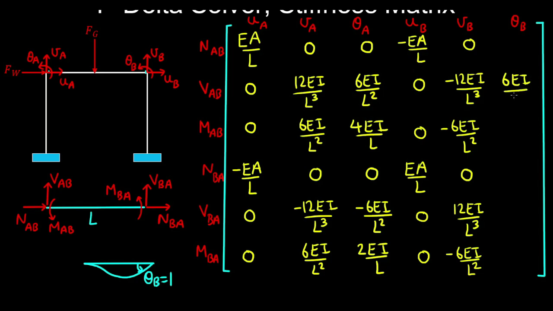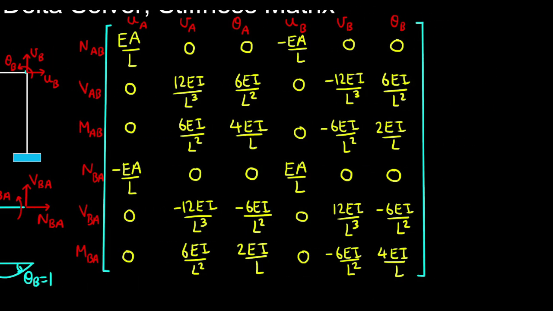So we have 6EI on L squared, and corresponding to the shear force at B, minus 6EI on L squared. And the stiffness coefficients corresponding to the bending moments get flipped. So you'd have 2EI on L and 4EI on L. And there's no axial deformation in this configuration.